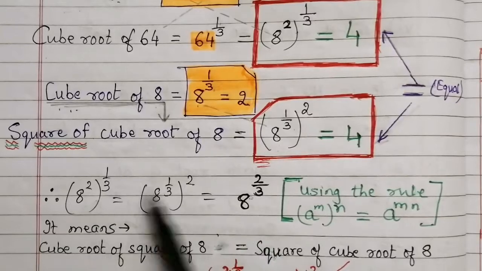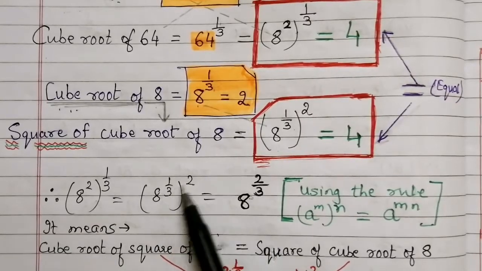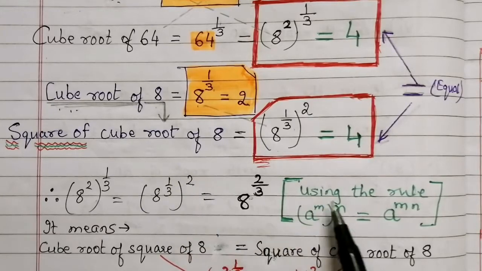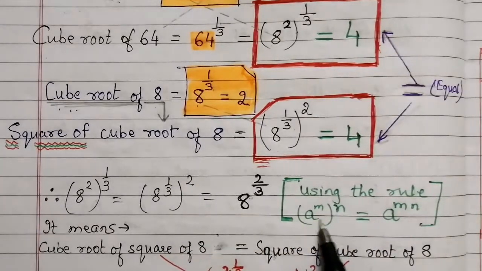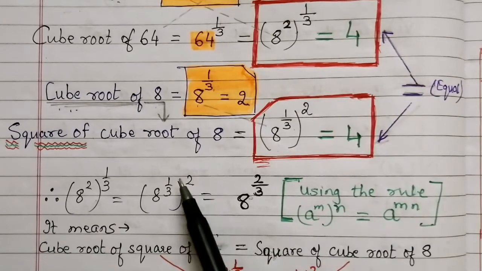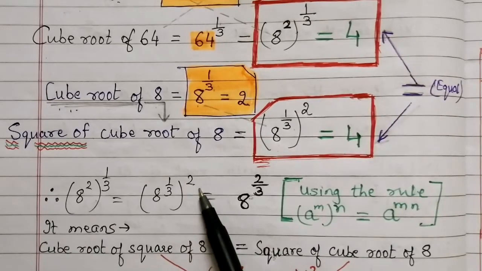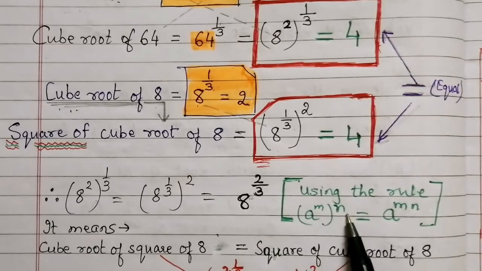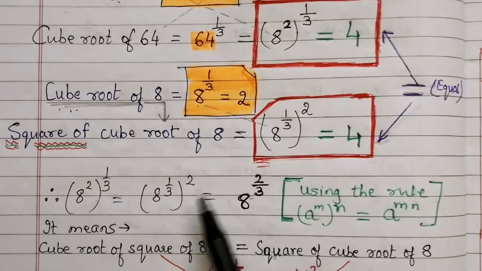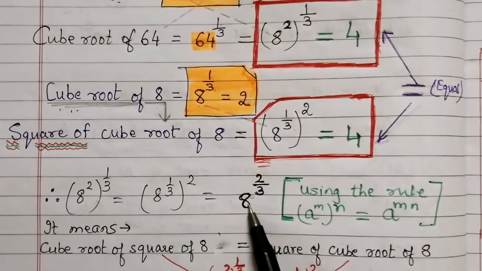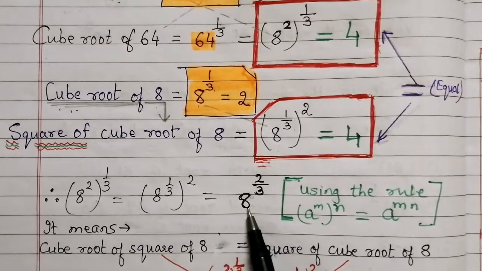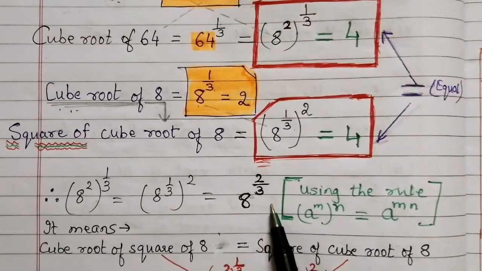And that can be written in this form. The base is 8, and for this power, by using the rule which we studied last year, we can multiply 1 upon 3 with 2, because of the rule m into n. So the product is 2 upon 3. So this can be written in index form as 8 raised to 2 upon 3.